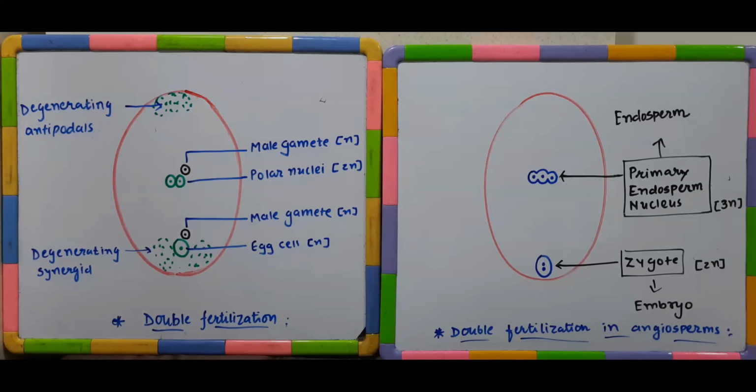It will be formed after the fertilization, and it's going to be triploid in nature. That's a major difference between gymno and angio. Single fertilization in gymno, double fertilization in angio. Pre-fertilized haploid endosperm in gymno, post-fertilized triploid endosperm in the angiosperms. That's all about it.